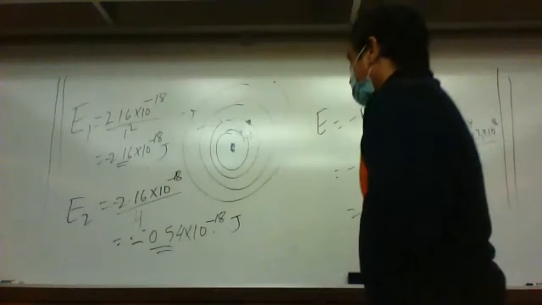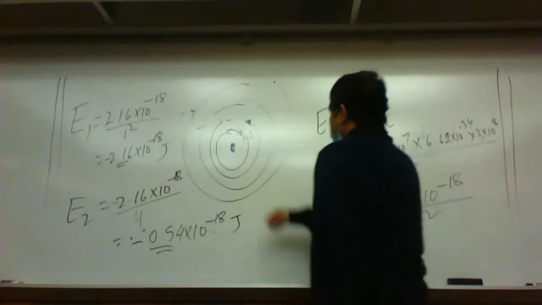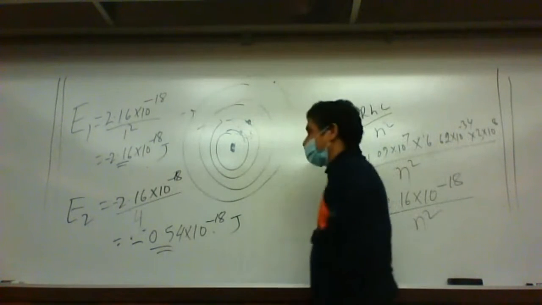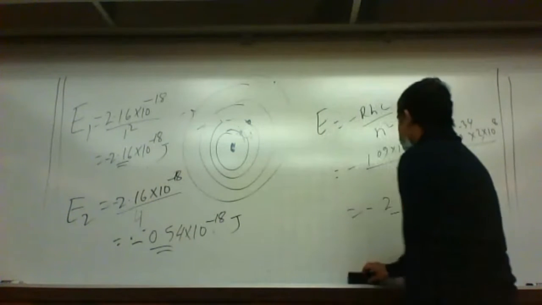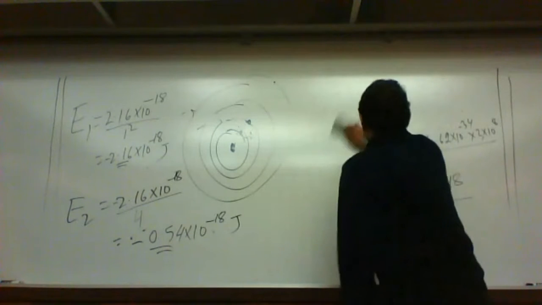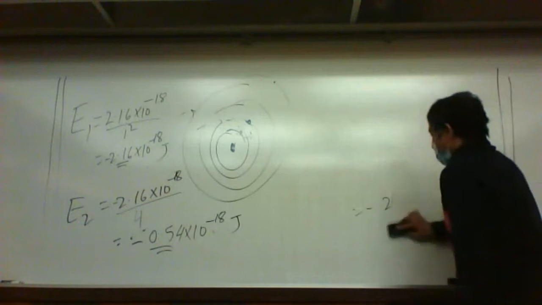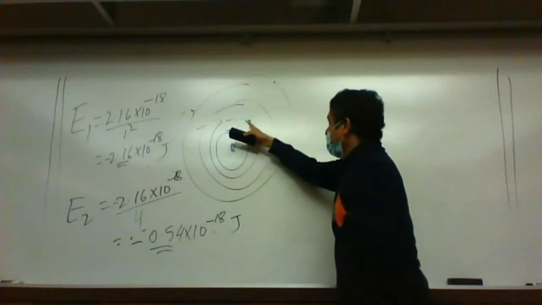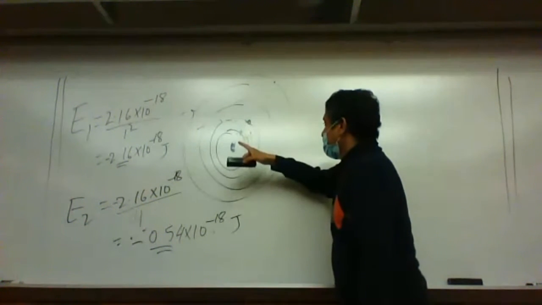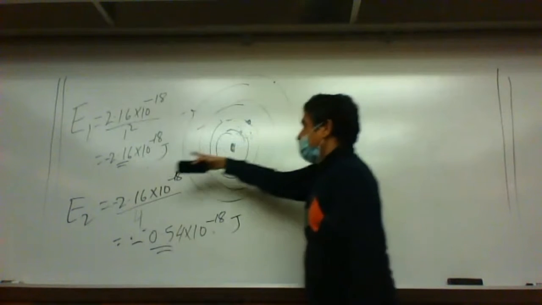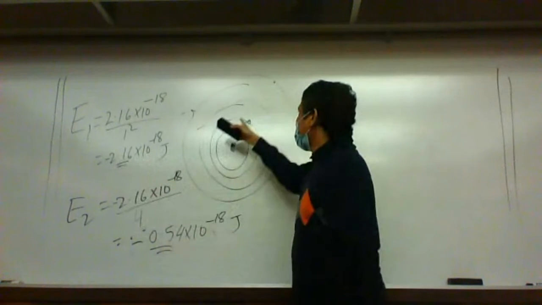Now, what is the difference between the energy of the second orbit and this orbit? So let's calculate the energy difference here. If n is equal to 2, I got the energy. If n is 1, I got the energy here, right? Now what is the difference?